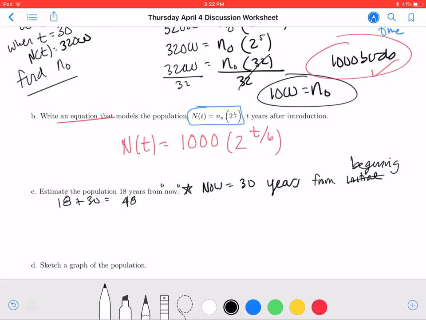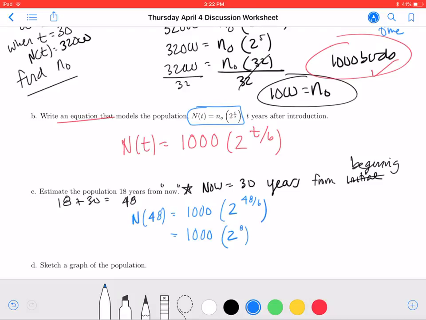All right, so using my equation, I really want to find what is N of 48. So plugging in 48 for my t value, I get 1,000 times 2 to the power of 48 divided by 6. Again, I'm not using a calculator to do this. I can do this in my head. 48 divided by 6 is 8.